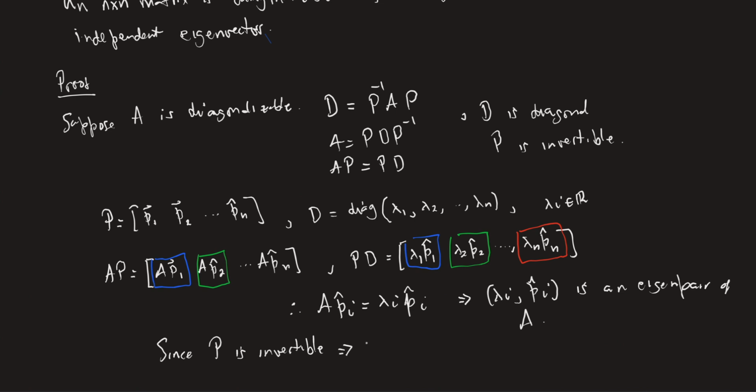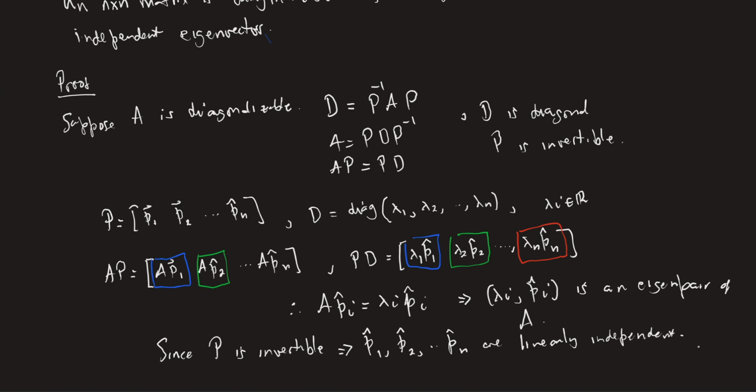So this implies that our Pi's, or actually let me write it like this: P1, through Pn are linearly independent.